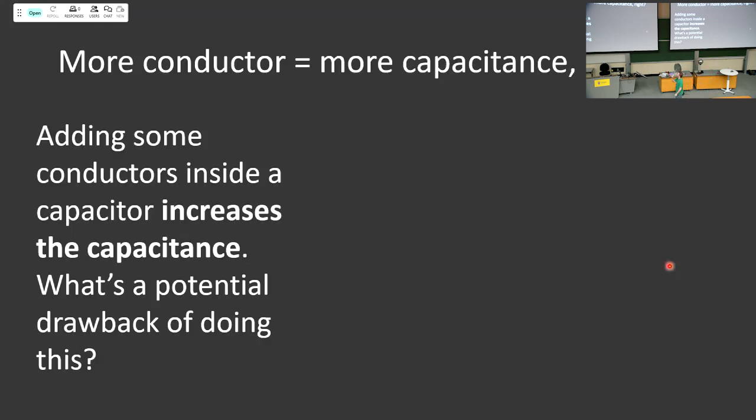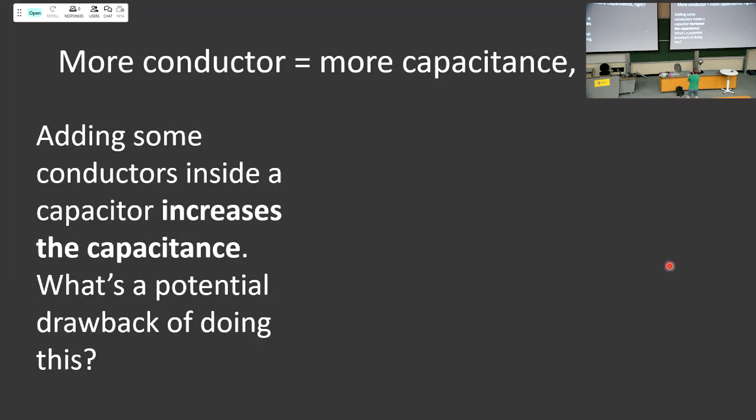Yeah, if I fill the entire thing with conductor, then all of a sudden, the ends short. They're just connected via a wire, and then it's not a capacitor anymore. So somehow, we want to fill this thing with conductor, but not actually fill it with conductor.